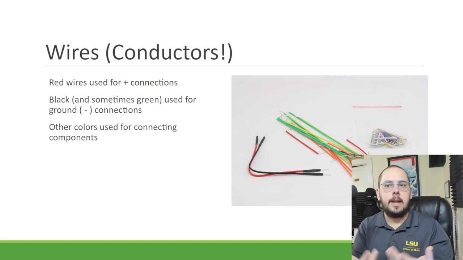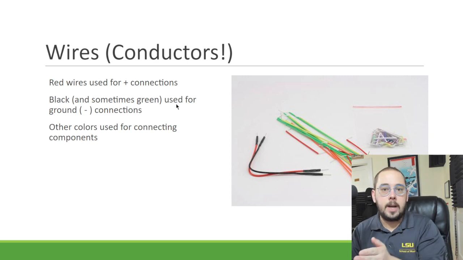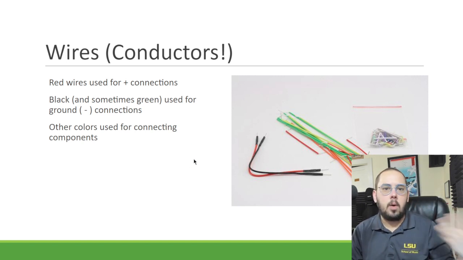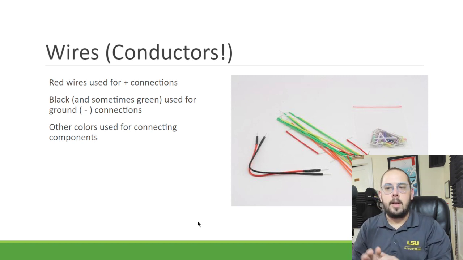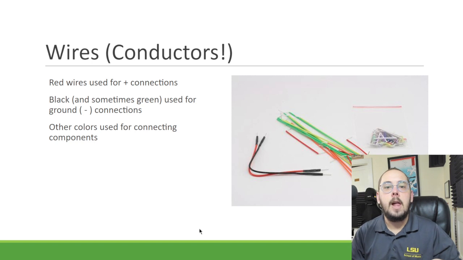In actual electrical work, if you're building and wiring stuff, these conventions are very important, because otherwise some person will go in to fix something, and if it's not wired up correctly with the right labels, they could hurt themselves by cutting the wrong thing and there's still power there, or it'll get wired up incorrectly and it'll short the whole circuit and blow the fuse. It's very important that you follow this convention for wires.